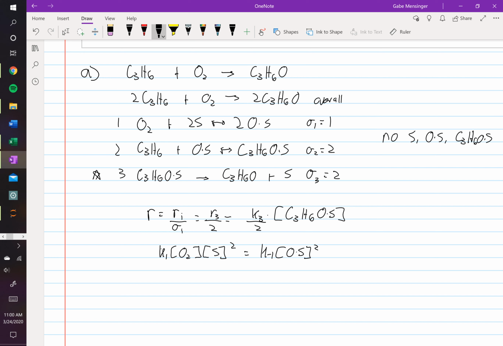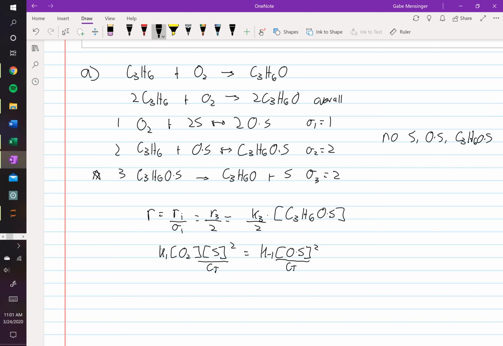Make sure I did that right. Yes, I did. Okay. And if you'll also remember from the slides, depending on the power of the surface species, in this case it's to the power of 2, we have to divide by CT, or the total number of sites. It helps maintain a probability.